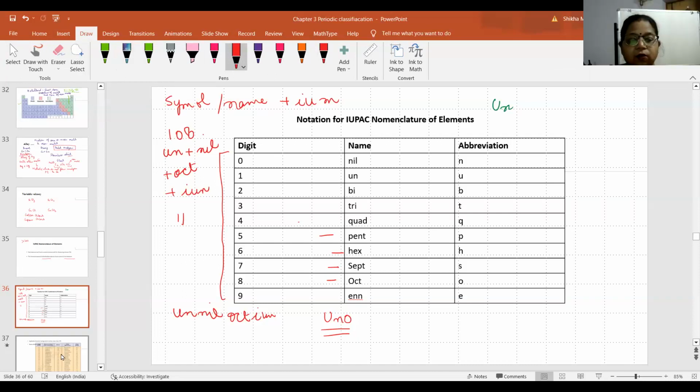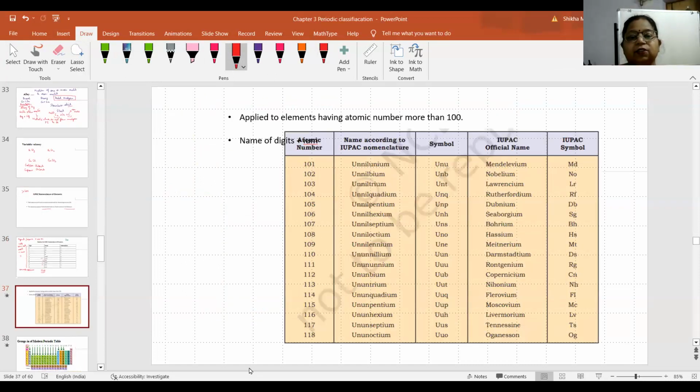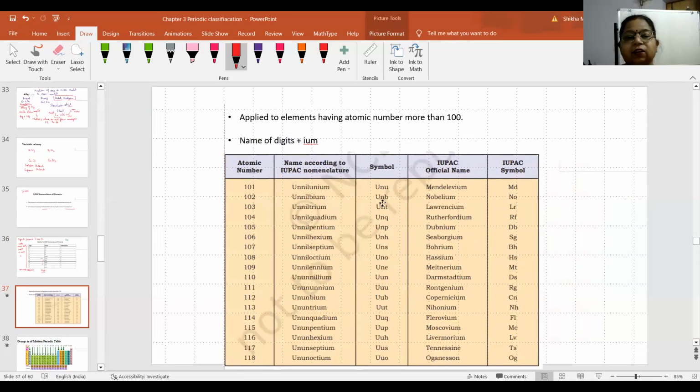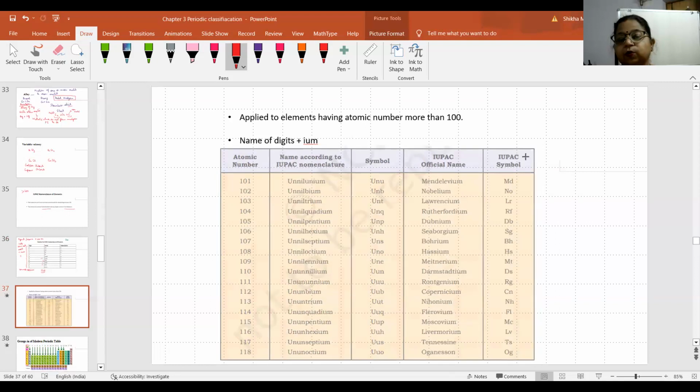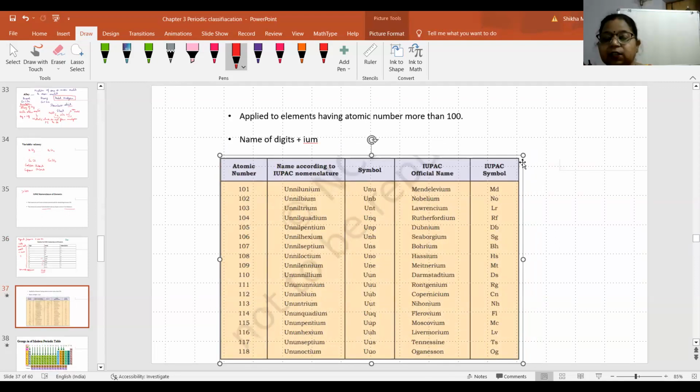Okay. Now this screenshot is again taken from your NCERT book. From here you can read them. You can practice. You can take any one of the elements and write its name. Usually, I have seen that school teachers give a 1 mark question from it, like write the symbol of 108, 112, or anything.